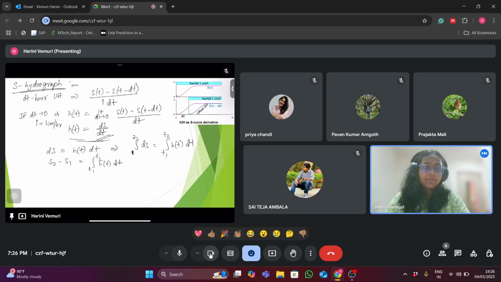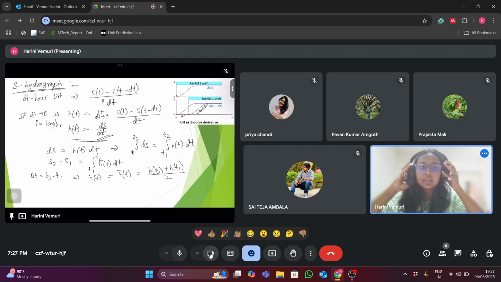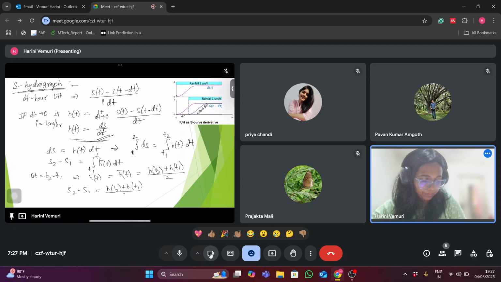So if h of t is linear within 1 to 2 and they are of small values, then we can take delta t equal to t2 minus t1, and h of t can be represented by this formula. Then s2 minus s1 is equal to (h of t2 plus h of t1) by 2 into (t2 minus t1).